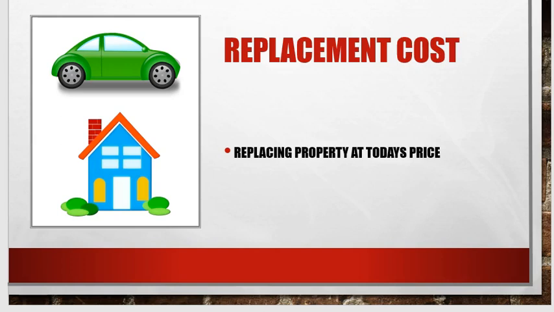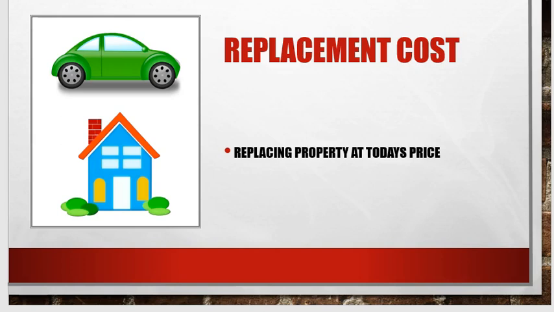But if you didn't insure it for the full replacement cost, it would only pay a claim for what you insured it for. So if the replacement cost was $200,000 and you only insured the home for $150,000, and there was a total loss on the home, you would only get $150,000 since that's all it was insured for.